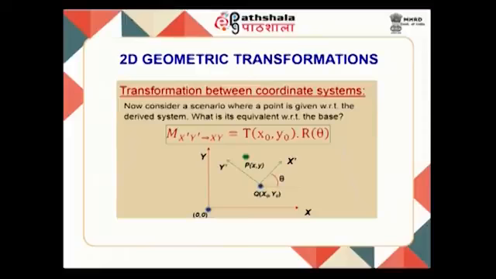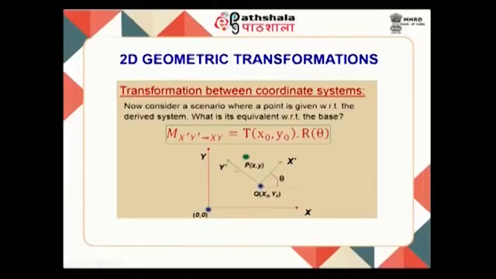Now, consider a scenario where, given a point with respect to the derived coordinate system, what is its equivalent in the base system? You can guess what should happen. We are now doing exactly the opposite thing.